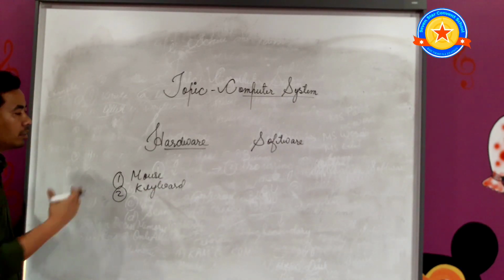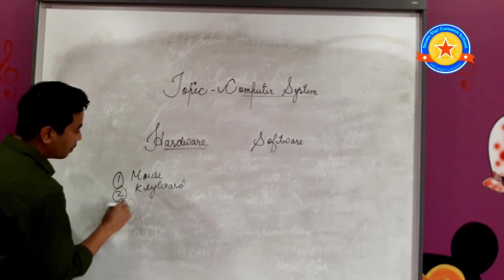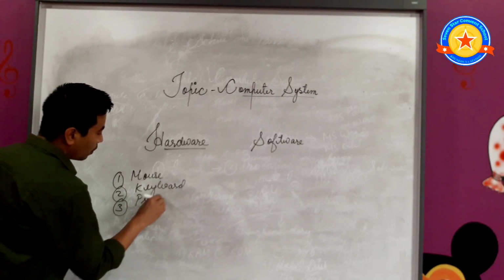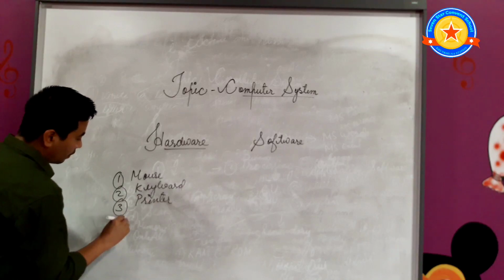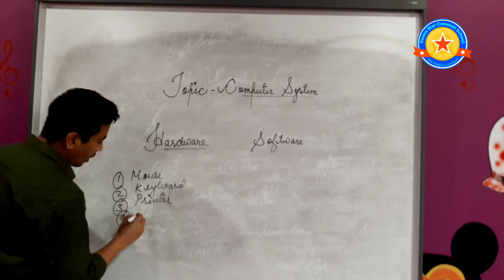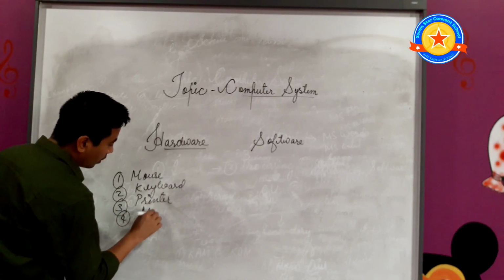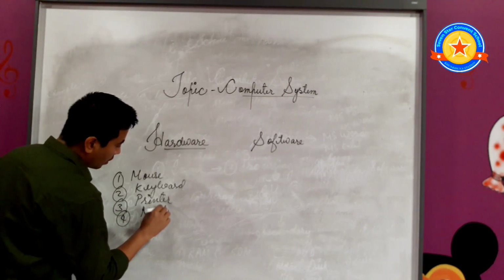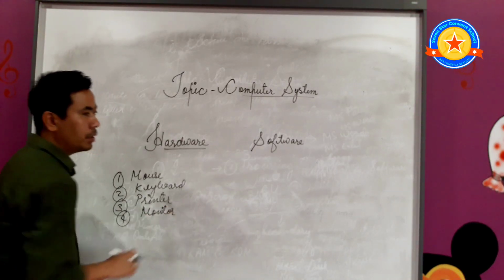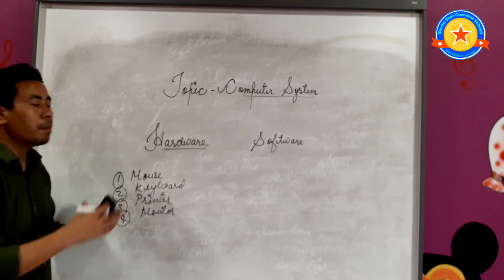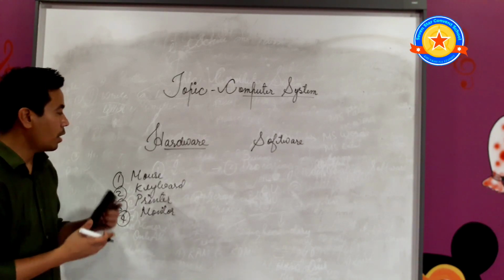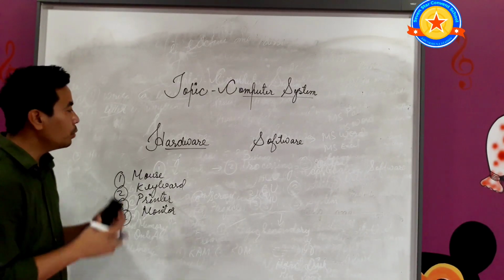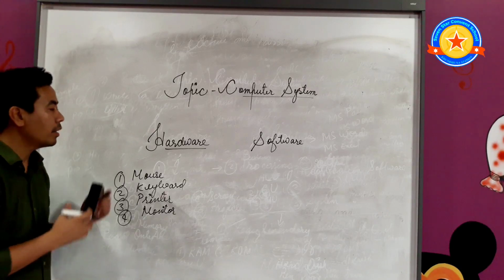We can touch and see them. Number three, printer. Number four, monitor. These are also parts of the computer. All these parts are known as hardware because we can easily touch and see them.